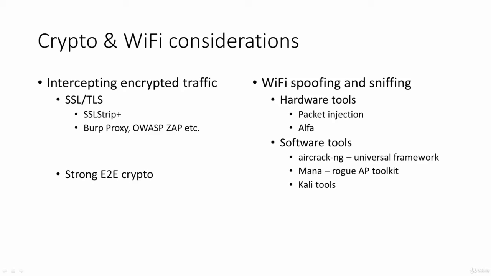And you will have to interfere with what other Wi-Fi stations around you do. So you will have to have this new or old or whatever hardware tool that is based on a chipset that is capable of injecting packets that are not otherwise expected on the network.